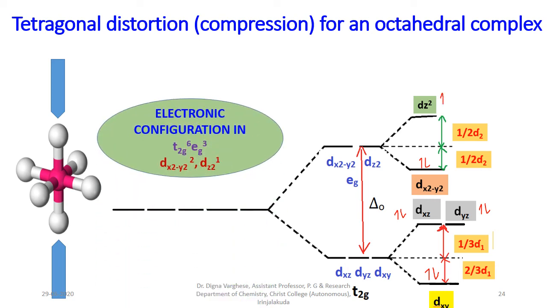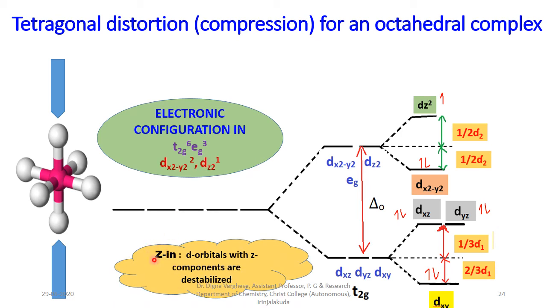So the electronic configuration in compression is t2g6 eg3, that is dx square y square 2 and dz square 1. So this is a Z in system, or Z in state. That means the Z ligands are moved towards the metal ion, so the Z components are destabilized, that is, higher in energy. Okay.